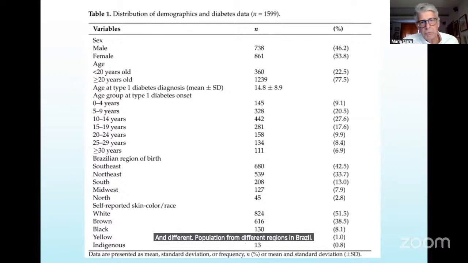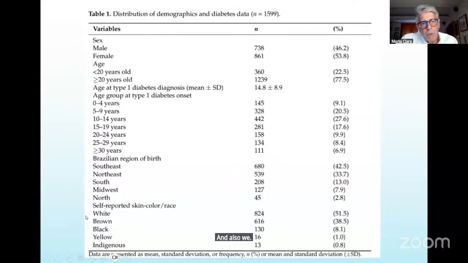For the North region, there are very few people, only 45 for these typings, and conclusions for the North region are not as strong as for the others.